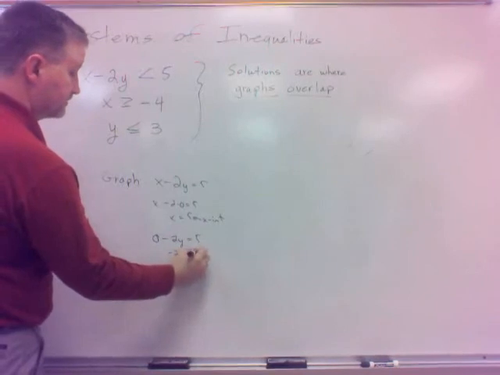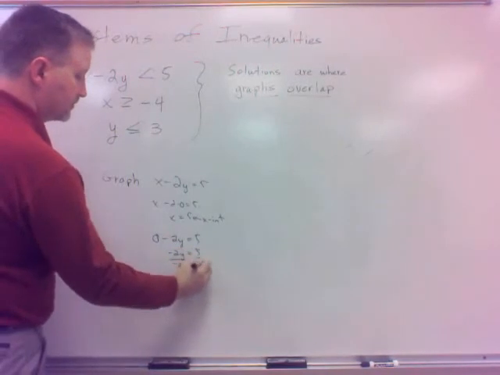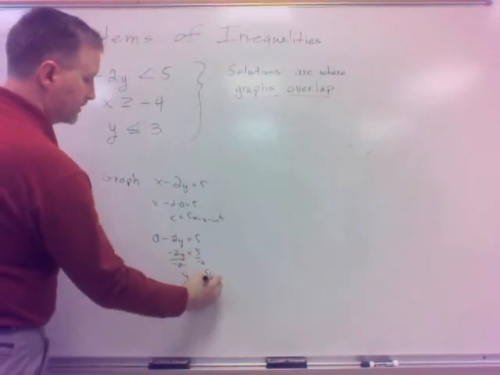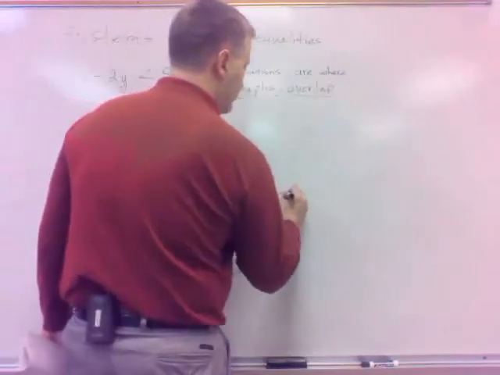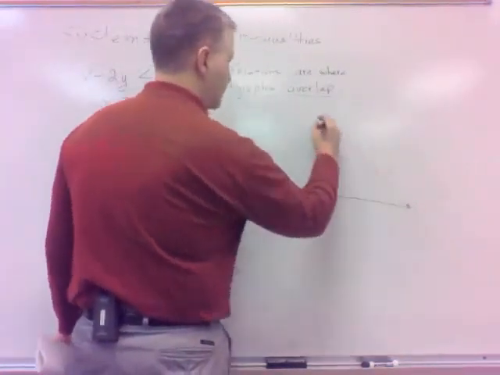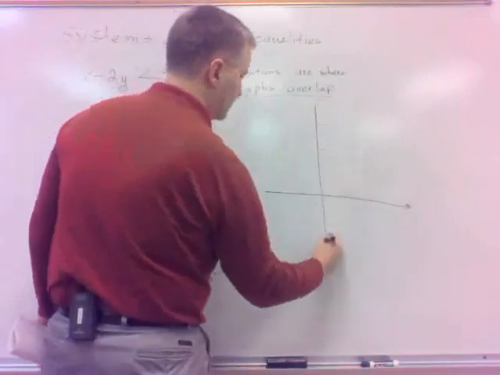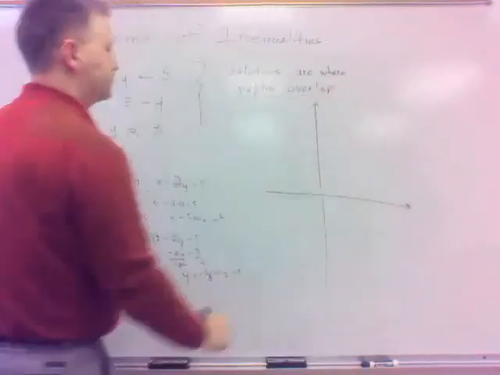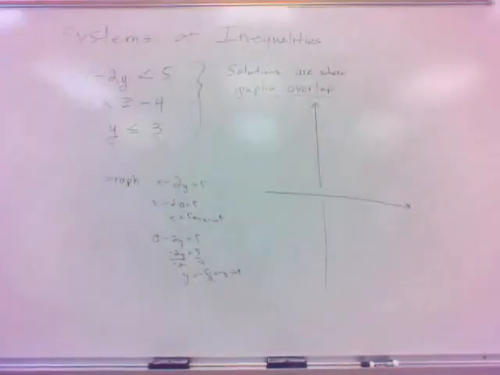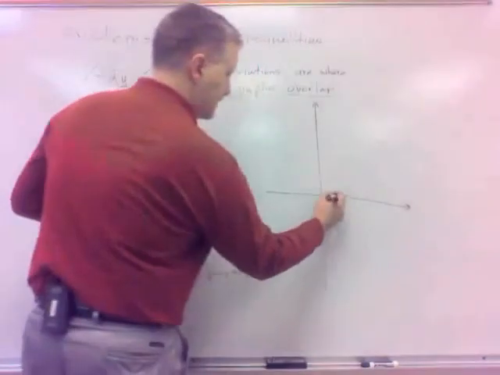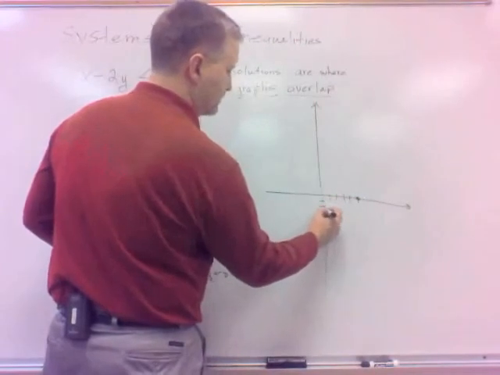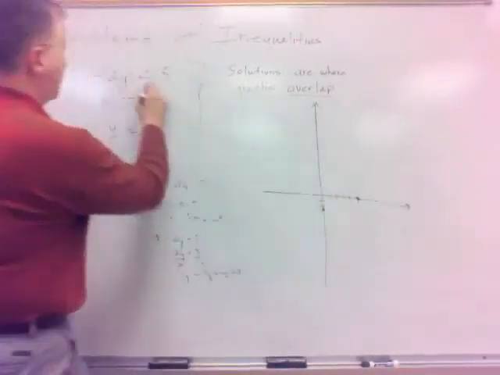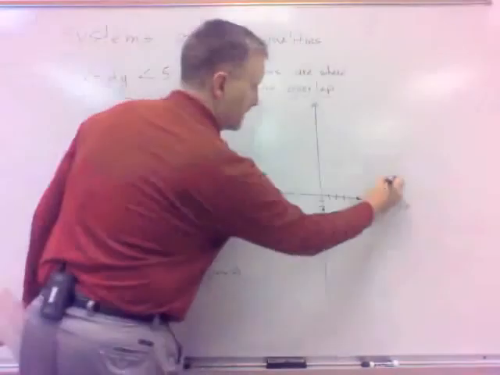That's one way you could do it. Okay. Five x-intercept, negative 5/2 y-intercept. And I don't have the equal to part, so that tells me dotted line.